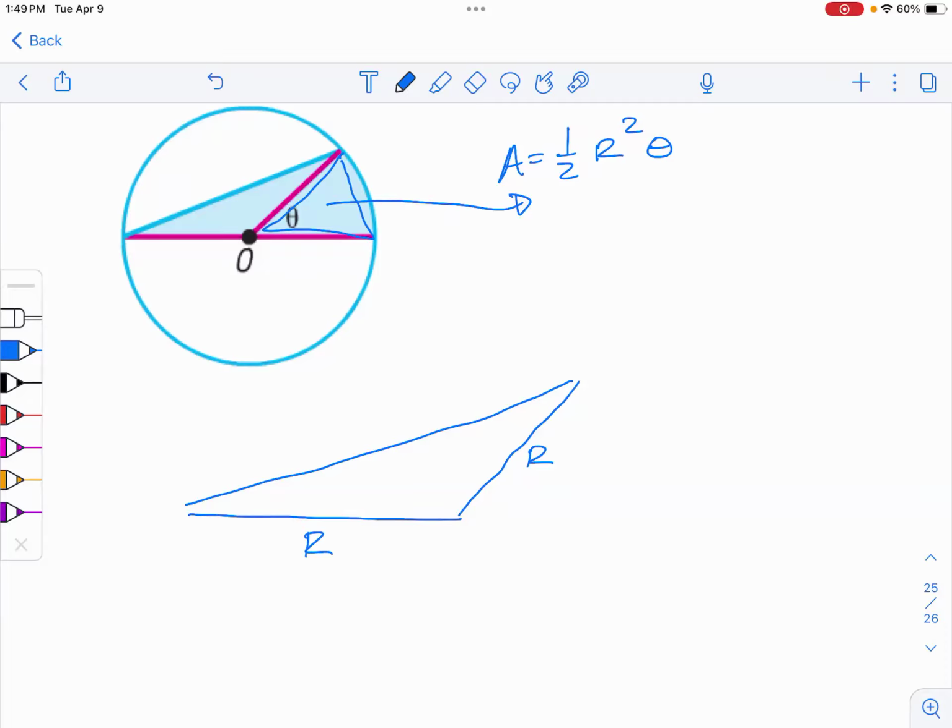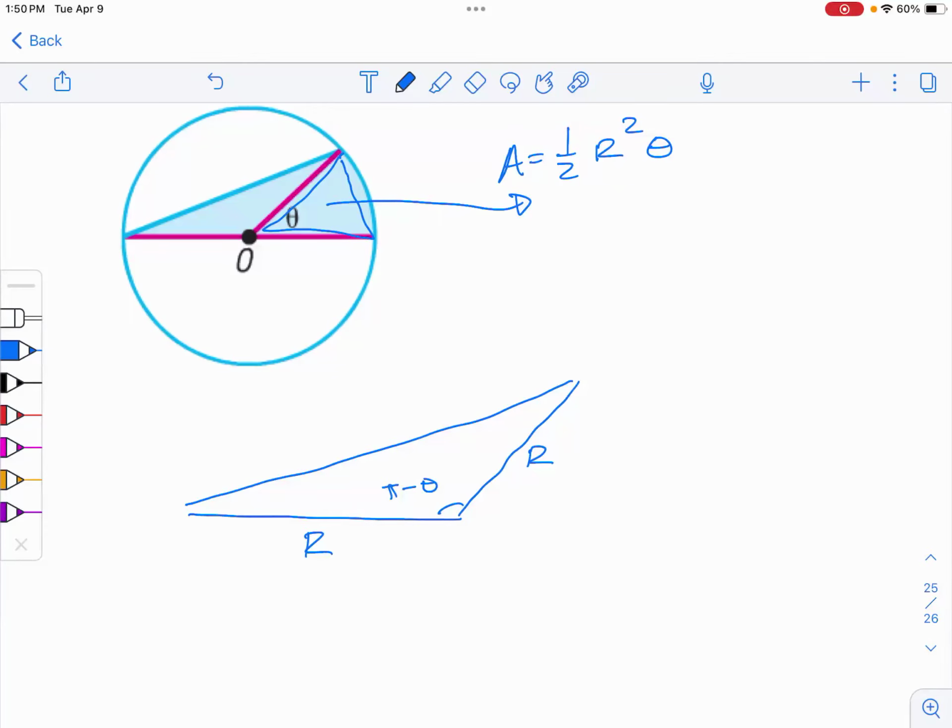Ah, very good. So that angle is pi minus theta. Because if that's theta, then it's pi minus theta, right? 180 degrees, pi, whatever you want to call it.